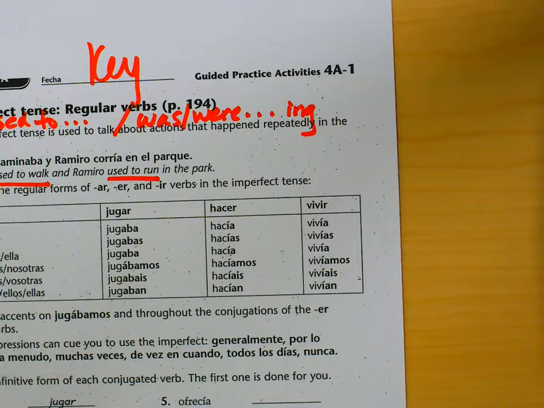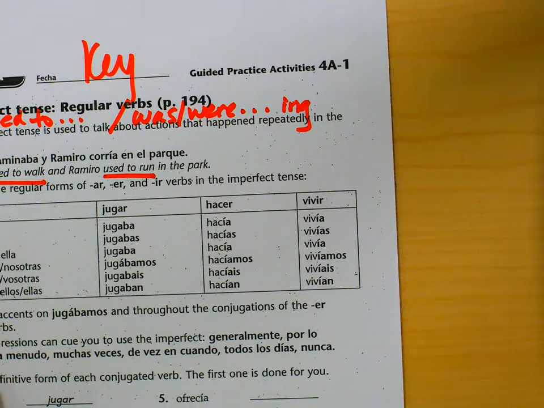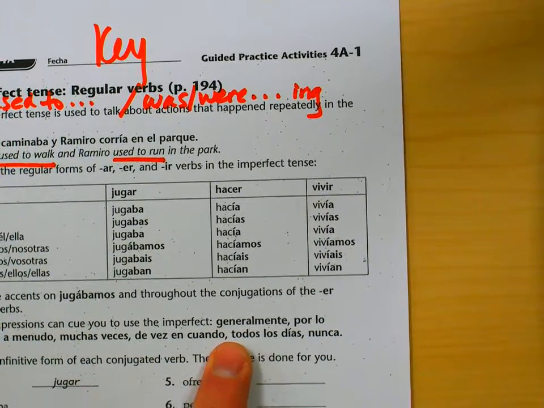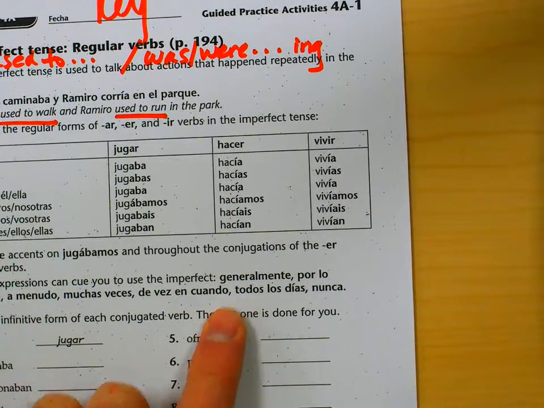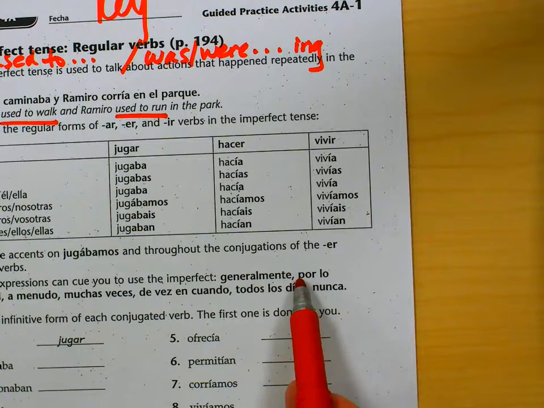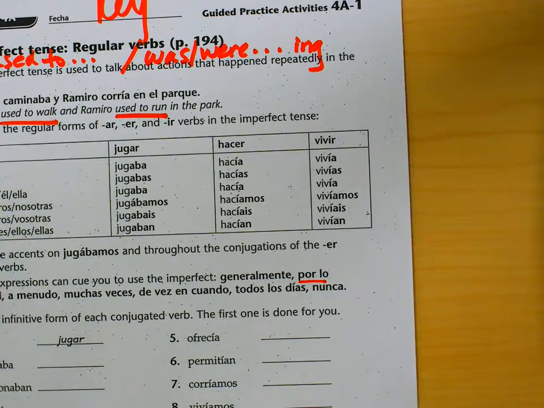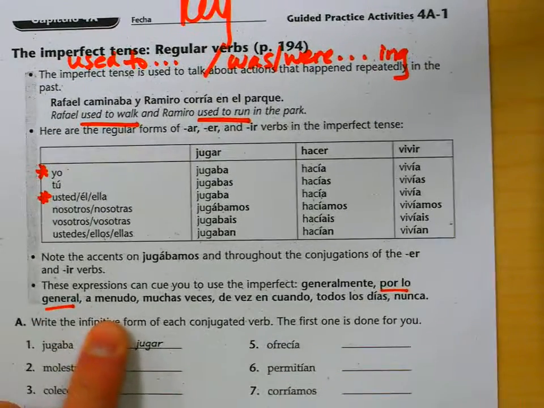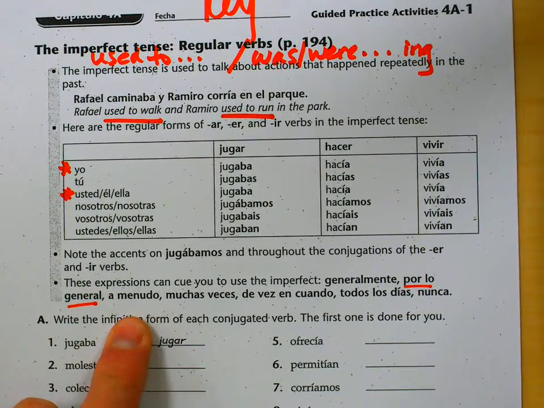Second dot. These buzzwords can oftentimes cue you to use the imperfect, and these are on your vocab list. Generalmente means in general or generally. So does por lo general. It's the same thing, generally or in general. A menudo means often. That was on your vocab list that we decoded yesterday. Oops, my paper's moving in the wrong direction. Muchas veces.